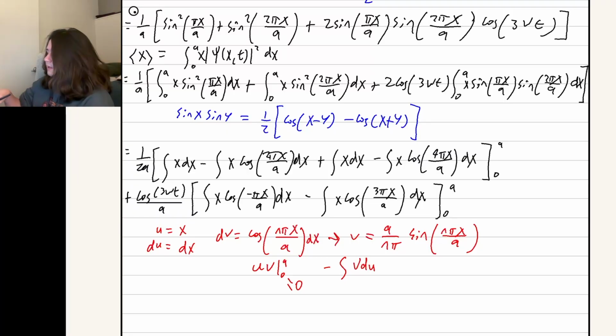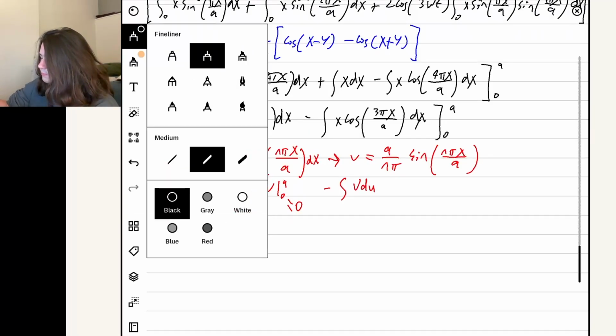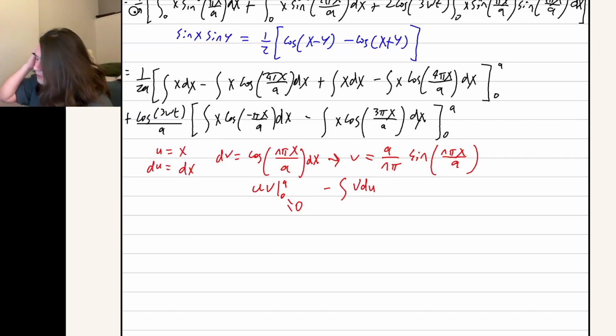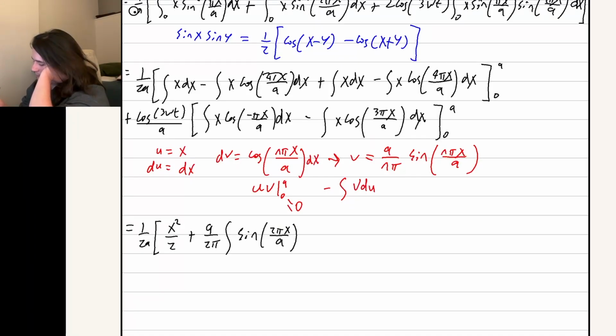So just neglecting the uv part of integration by parts, we have that our integral is 1 over 2a. The integral of x is x squared over 2. We have actually plus v du, so a over 2 pi times the integral of sine 2 pi x over a.